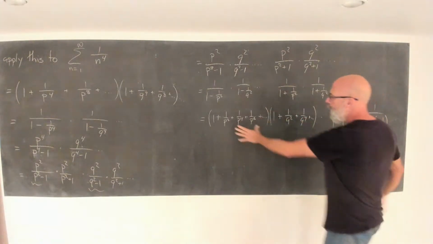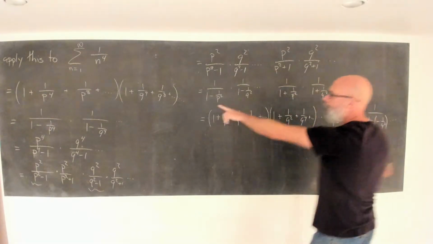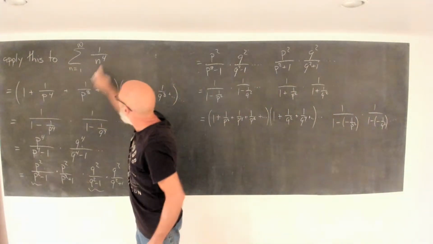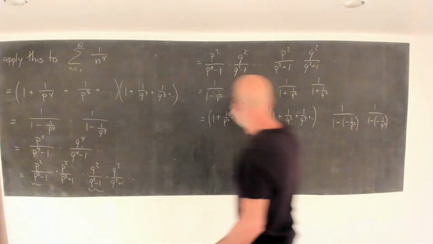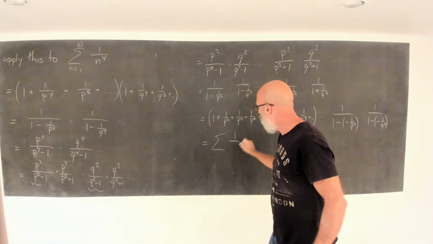So this business, where you're multiplying 1 over p squared, in the same way, is just the sum of 1 over n squared.